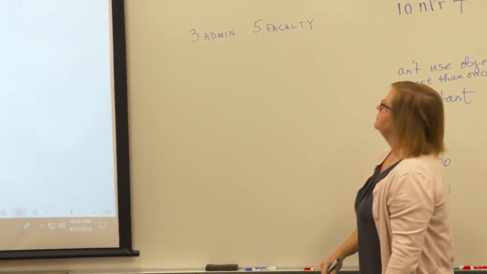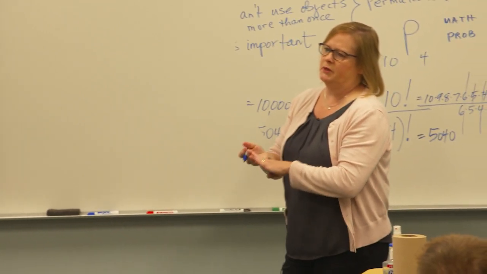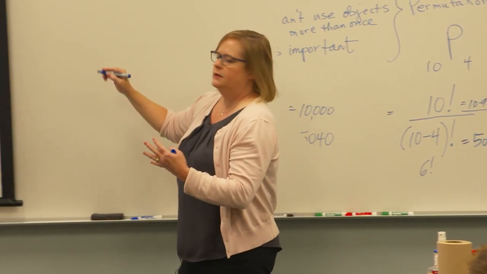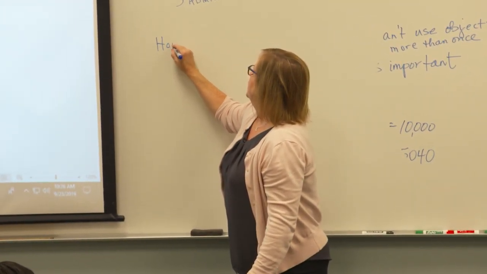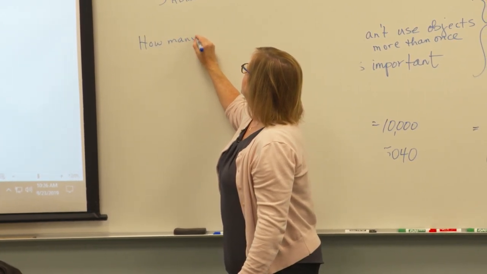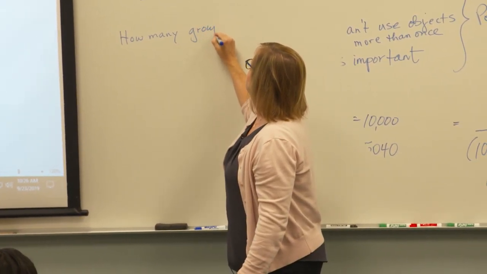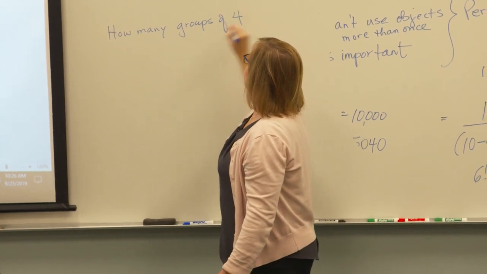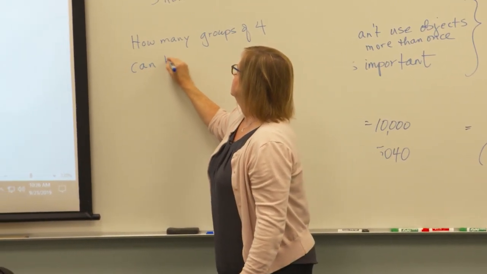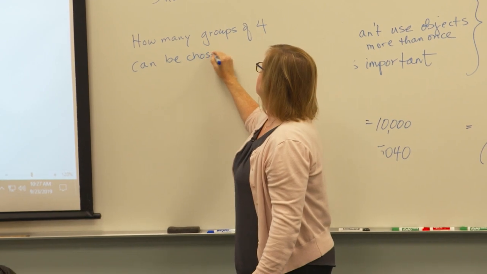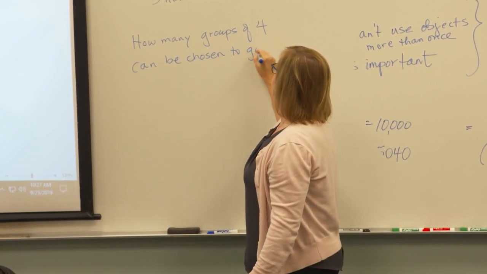From those 8 people, I need 4 people to go to a conference. So how many groups of 4 can be chosen to go to a conference?